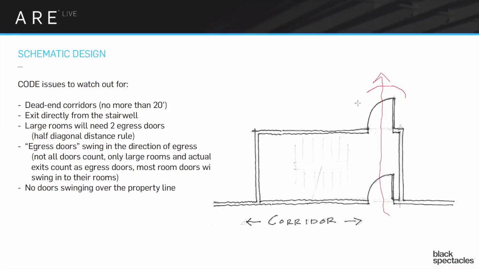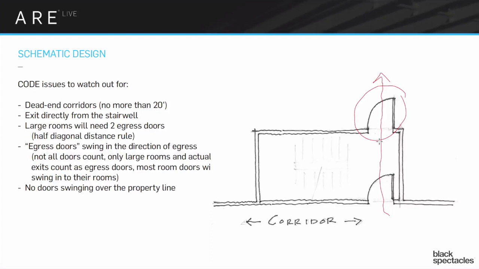That means that door wants to be on the outside, not internal, like you're not exiting into the corridor to go into the lobby to go outside. They want you to be able to exit straight to the outside from that stairwell. So that has implications for where you can put the stairs. That's an important thing to remember.